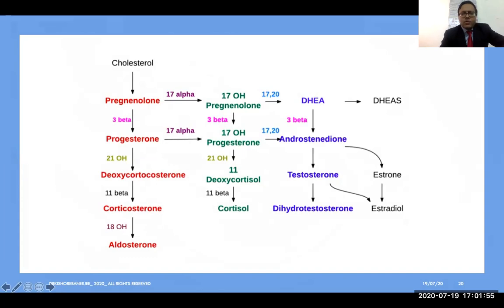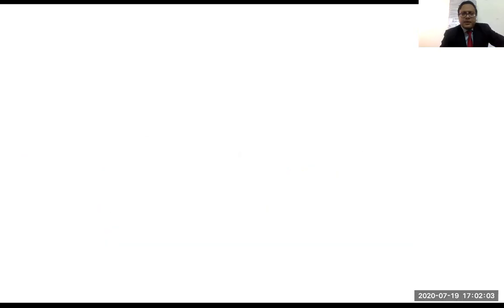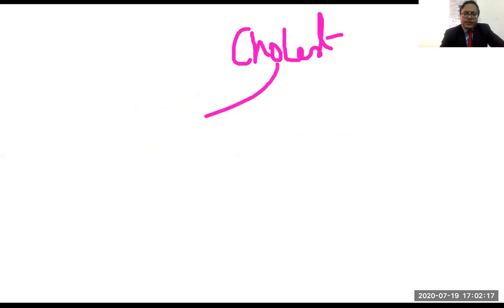So let me go to the whiteboard to simplify this concept. Basically, all the steroids which are synthesized in the adrenal cortex are synthesized from the cholesterol. And from the cholesterol in the zona glomerulosa, they would be synthesizing mineralocorticoid, M, like aldosterone.